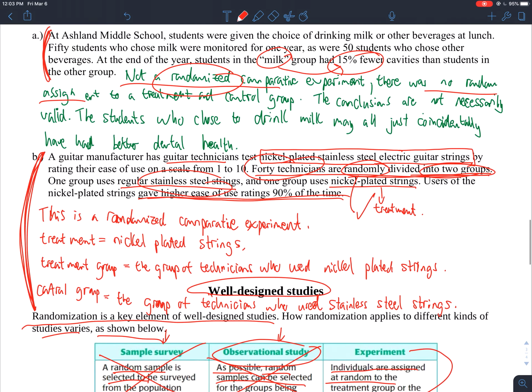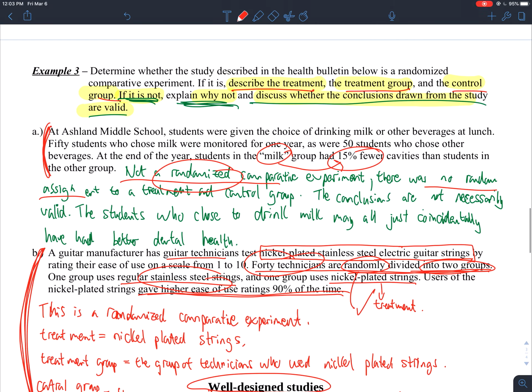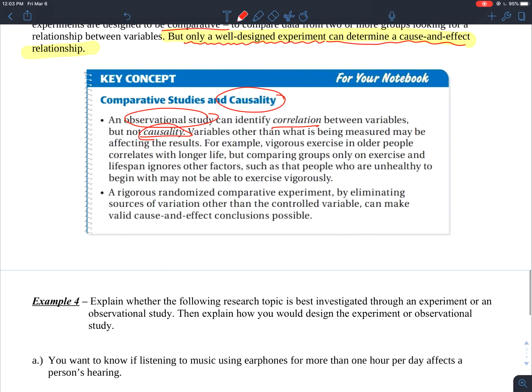So, like I said to you earlier with the milk, we could just all coincidentally have better dental health. That's a variable, my prior dental health, that affects the results. How many cavities do I have after a certain time? At the end of the year in that case.